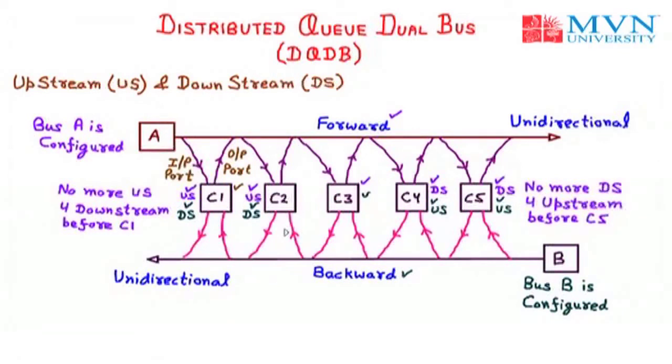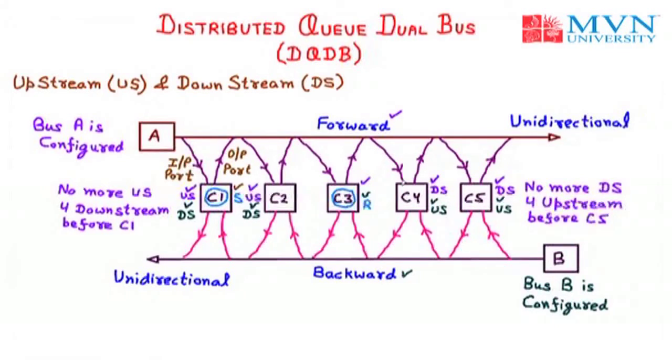To understand this, let us say we have system C1 and system C3, and they want to communicate with each other. Let us say C1 is the sender, S stands for sender, and C3 is the receiver, R stands for receiver.